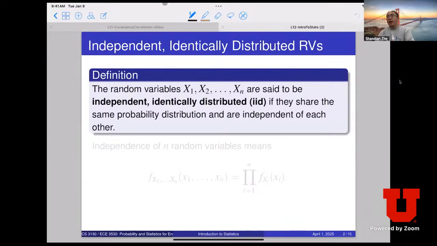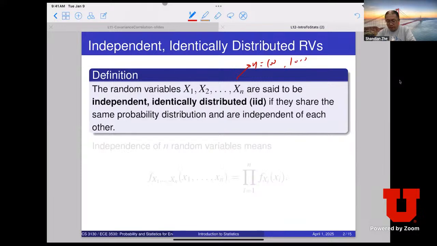But those are all about two random variables. In general, we want to extend our investigation to multiple random variables, not just two. Consider we have n random variables, x1 through xn. This n could be very large, say n is 100 or 1000.